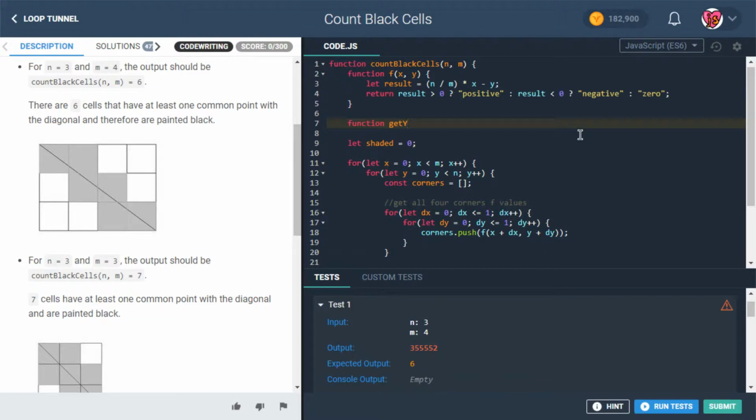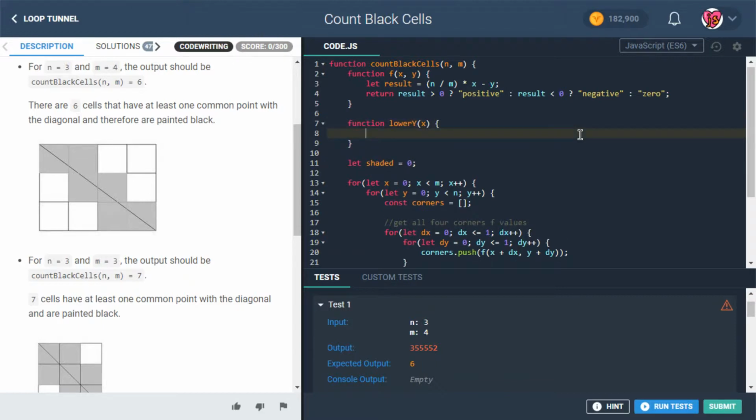Maybe it should be like lower y and upper y. Yeah, let's do that. We'll do two of them. So function lower y, and it's going to take in an x value, and it's just going to return, what was it? It was n divided by m times x. Okay, so for lower y, I'll do -1, and I'll take the floor of that.